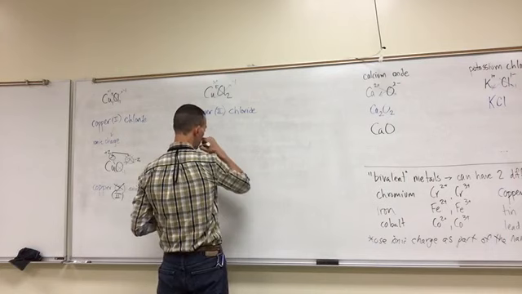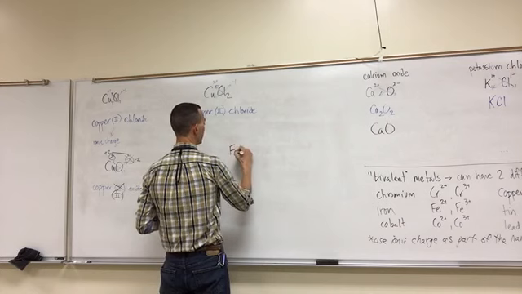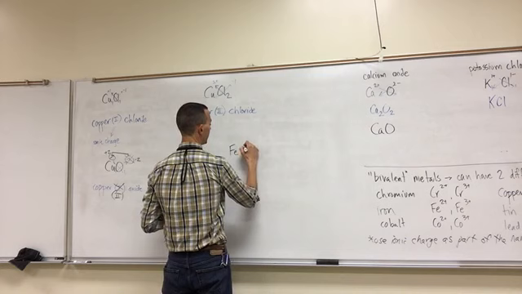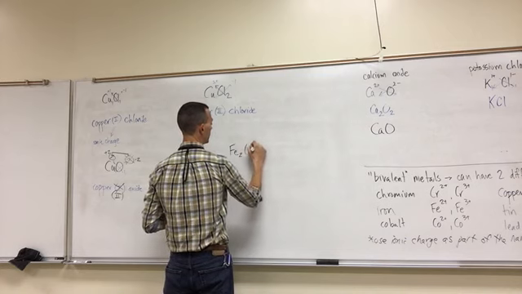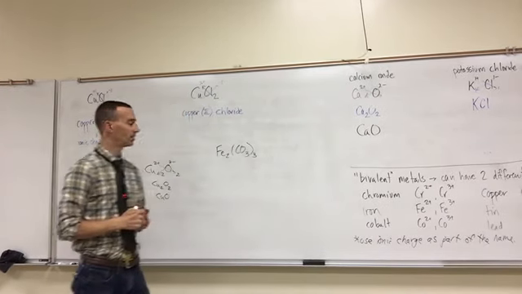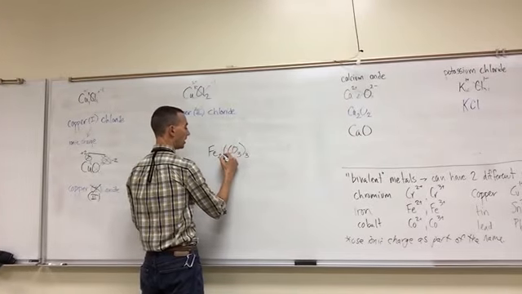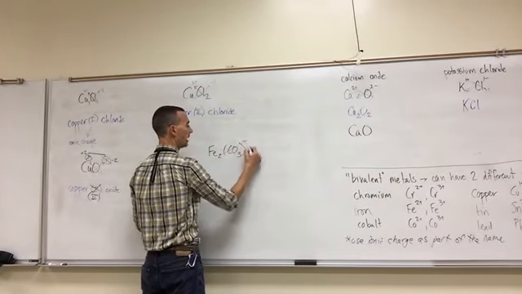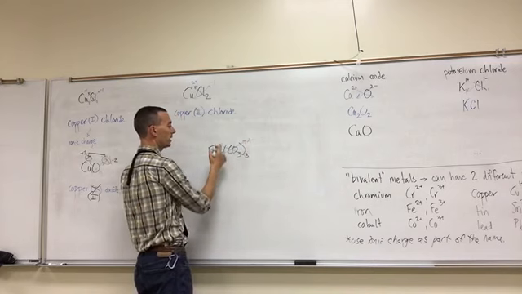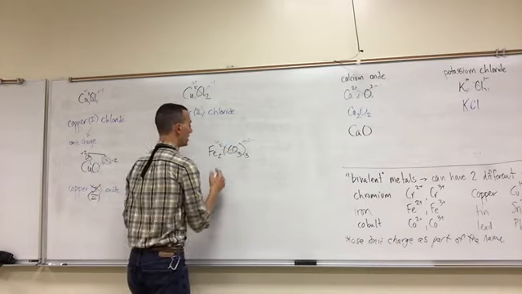Okay? Let's do one more here. How about Fe2(CO3)3. All right? A lot of numbers going on there. These subscripts came potentially from ionic charges. A 2- looks like on CO3 and a 3+ on iron.